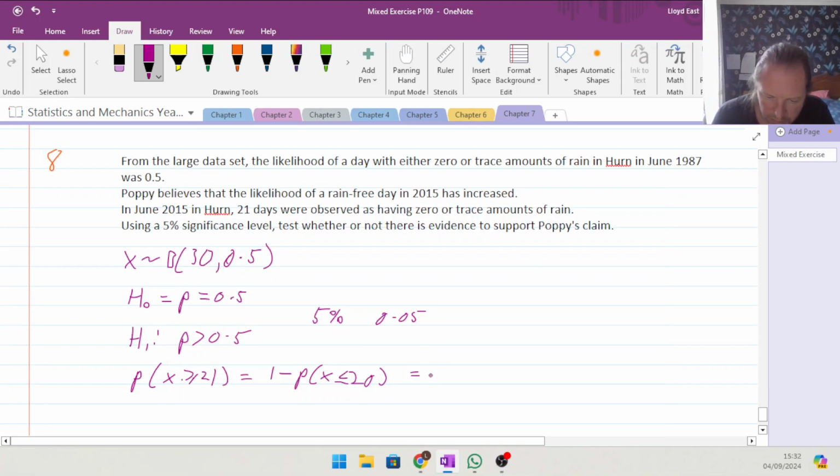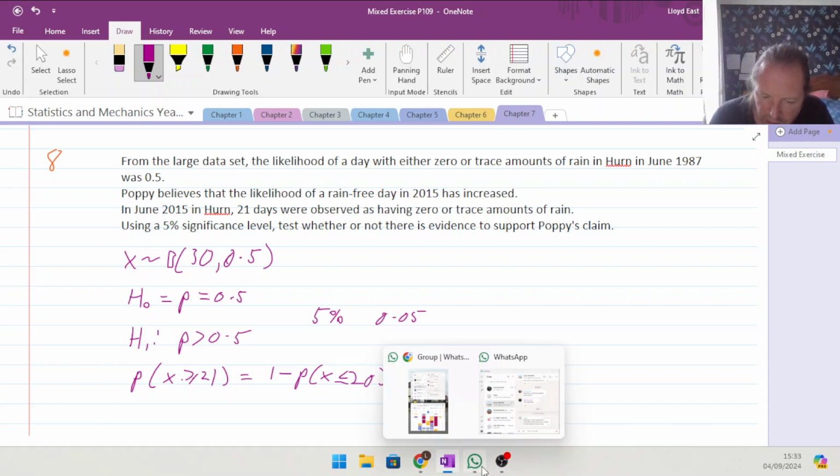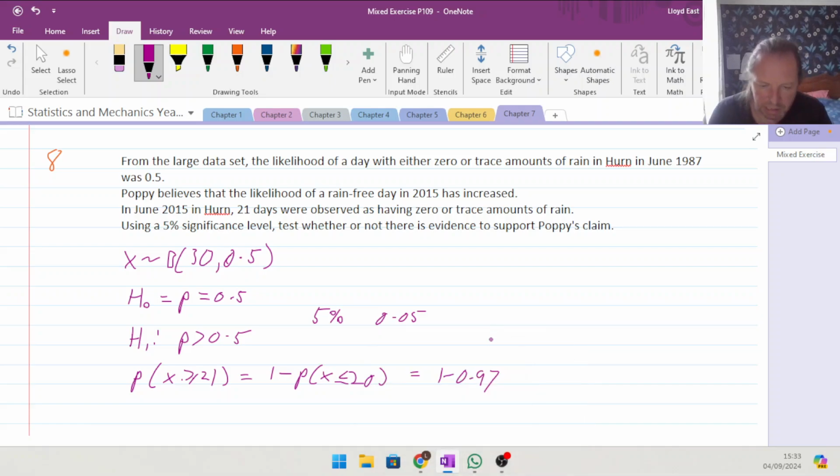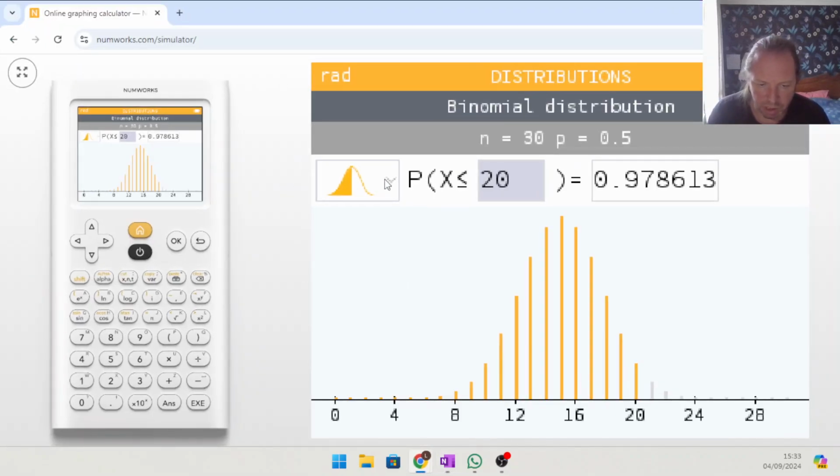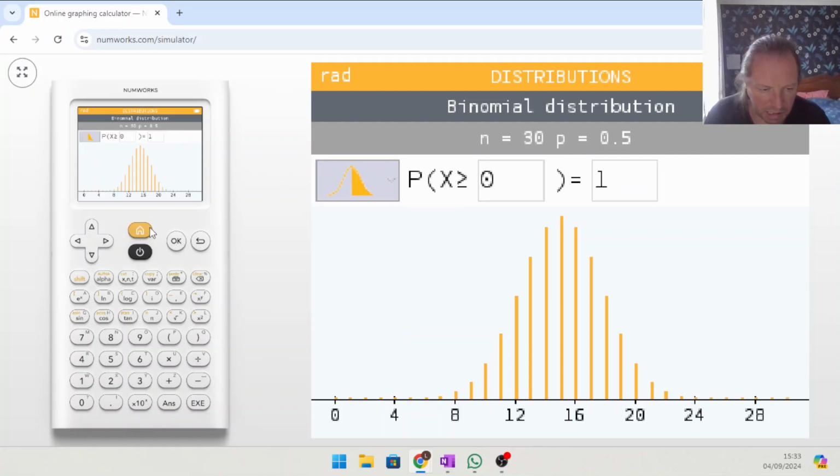Okay, so it's 1 minus 0.97, which of course is like 0.03-ish, and to show that it is there with that one, we can now just change that over to 21, but on this side of things.